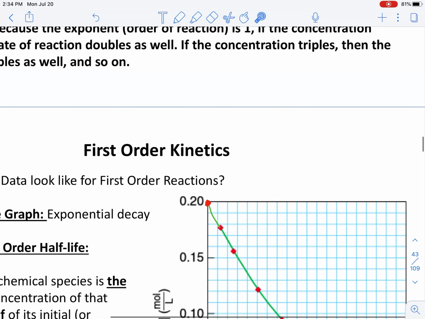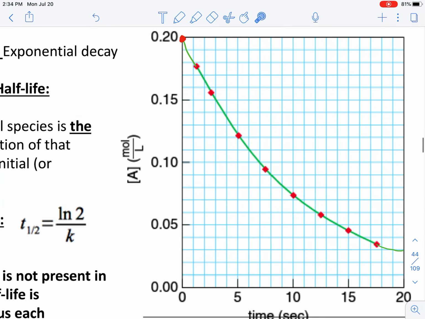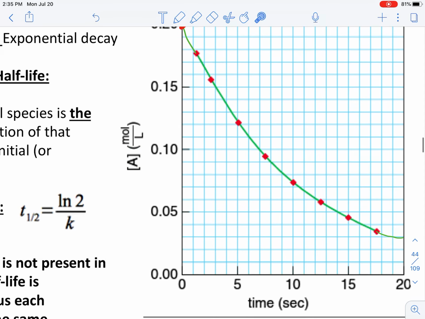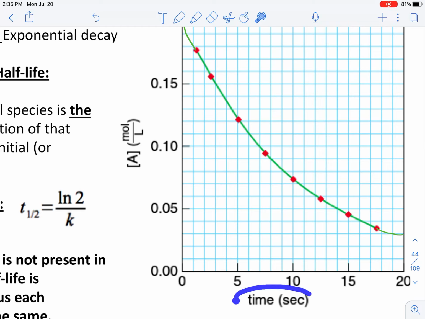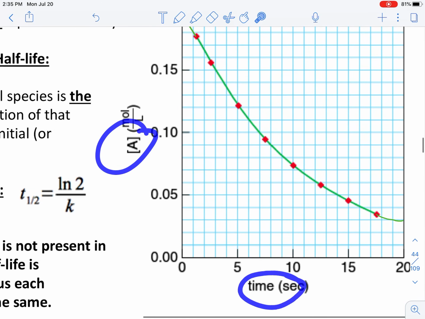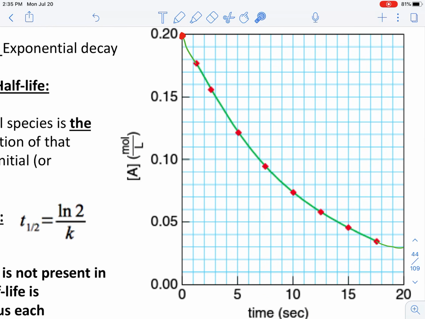So I'm going to zoom in on this graph that's already pre-made for you. I want you to notice that the concentration, moles per liter or molarity, of reactant A is on the y-axis because it is a dependent variable, and time is an independent variable, so it's on the x-axis. If we plot concentration against time, we get this exponential decay that is observed here.